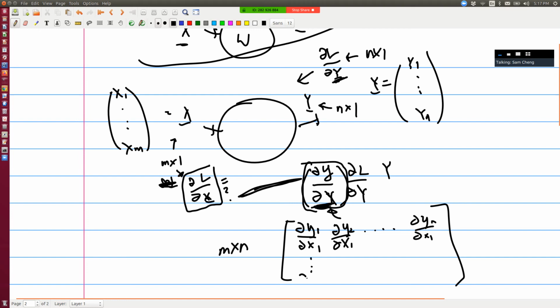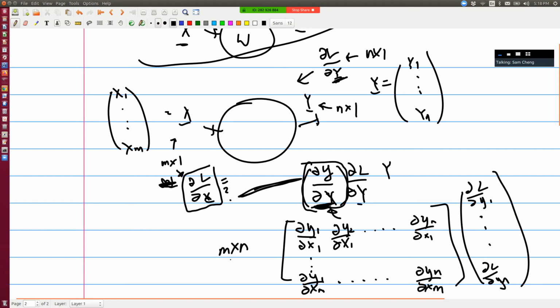And going down, partial y1 over partial xm, and eventually partial yn over partial xm. And multiply by partial l over partial y1 up to partial l over partial yn. So this will give me back partial l over partial x1.